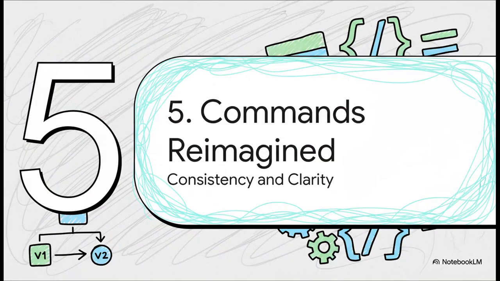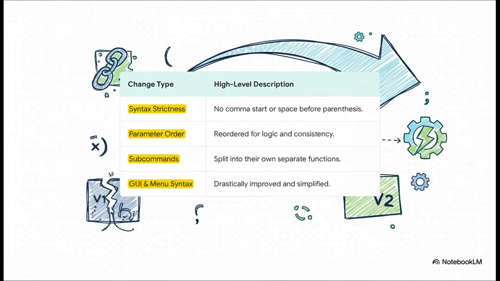And finally, let's touch on commands and functions. The old command syntax in V1 was, let's just say, another area with a lot of inconsistencies. V2 really cleaned house here, reimagining almost everything to act more like a proper function. It brings a ton of consistency and clarity to the language. So this table gives you a nice summary.